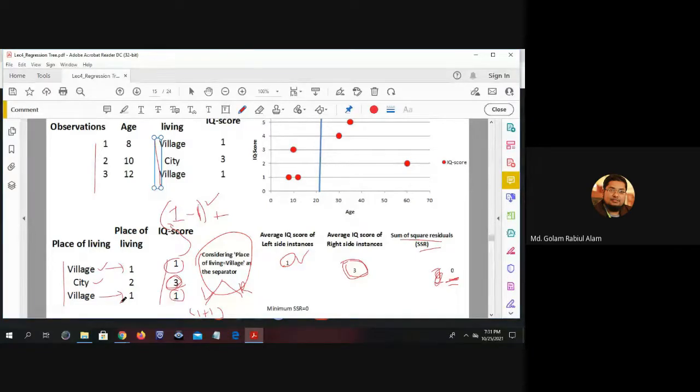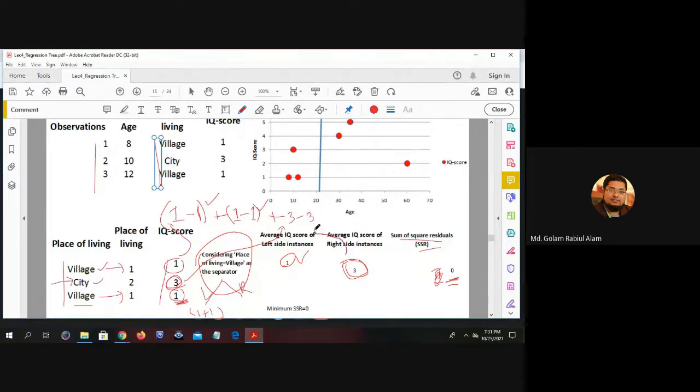And then the other left side element is this one. So here the IQ score is also 1, 1 minus the prediction, and the prediction is 1. Plus the right side instances. There is just one right side instance. The original is 3 and the prediction is also 3.